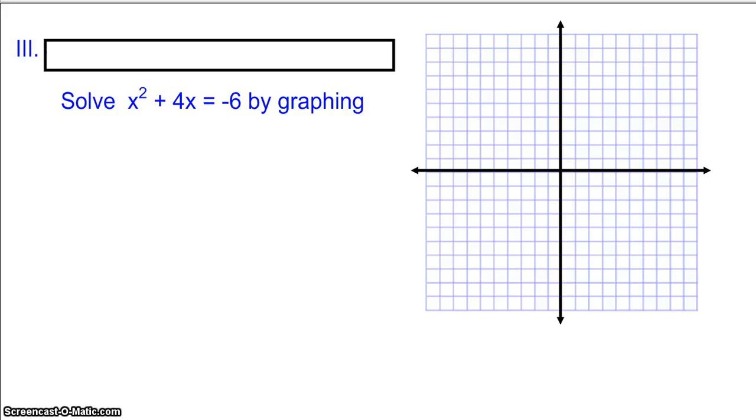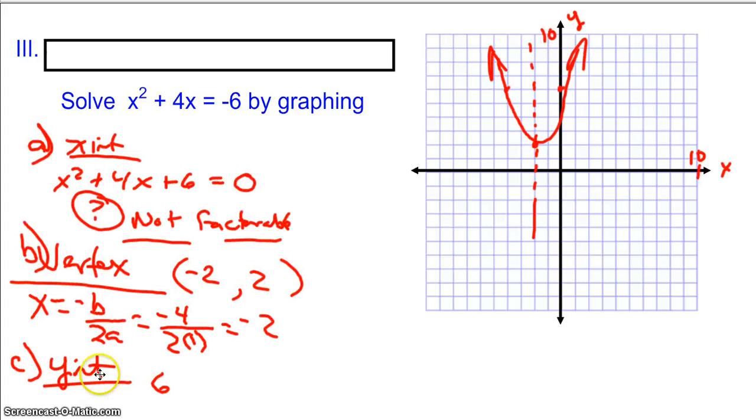Okay, so go ahead and pause the video, since I'm running short on time. Come back and see what we found here. We could not factor this. So we went on to the vertex and found a vertex at negative 2, 2. And we used the y-intercept of 6 and its reflective partner across the axis to find a third point, and we graphed it.